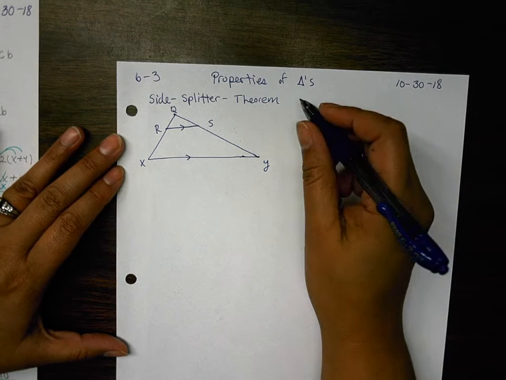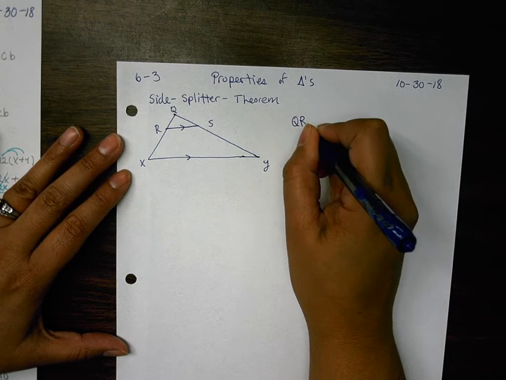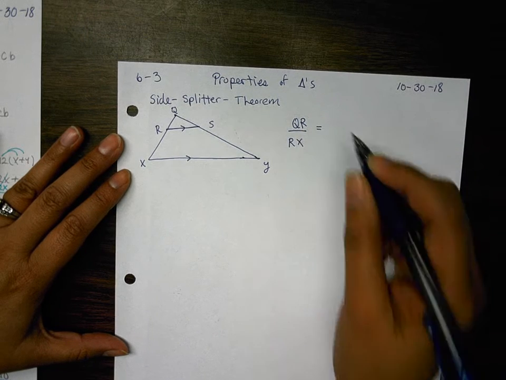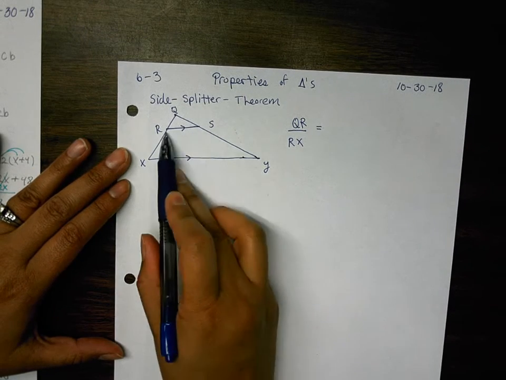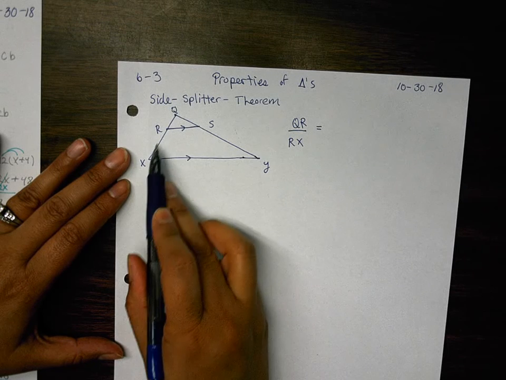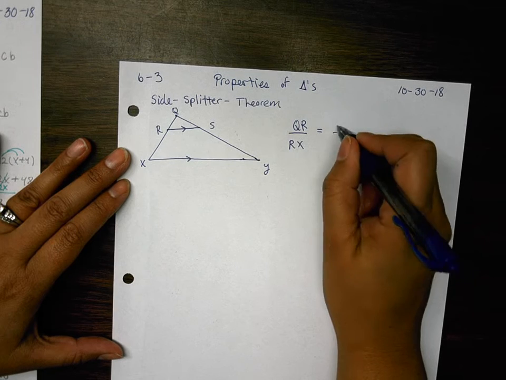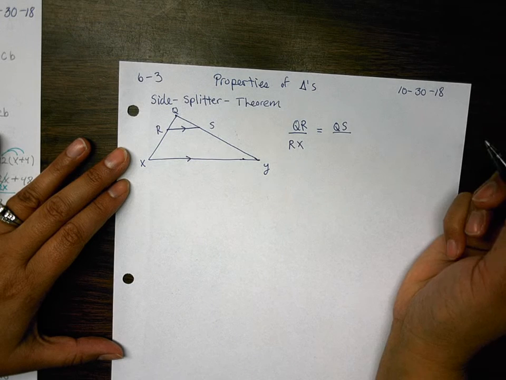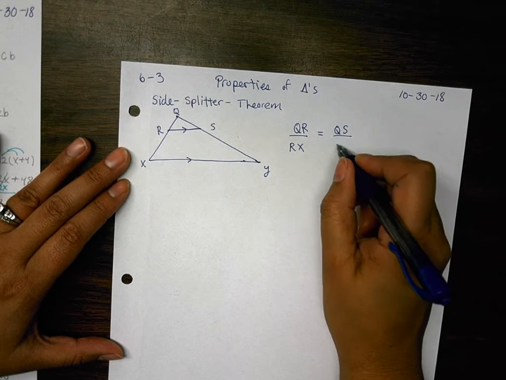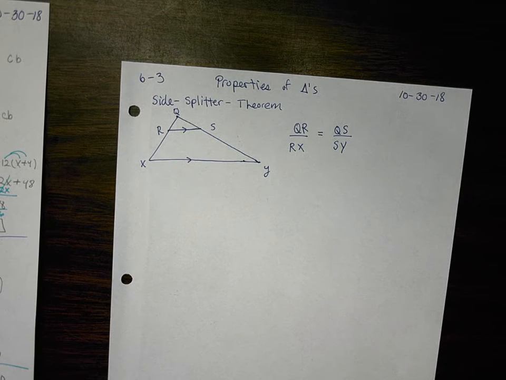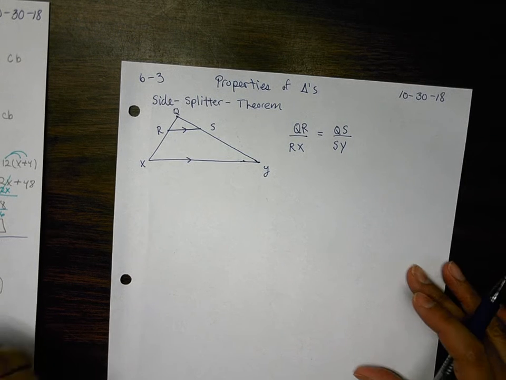Okay, so QR over RX, side length QR over side length RX equals side length QS over what? SY. All right. Are we good?